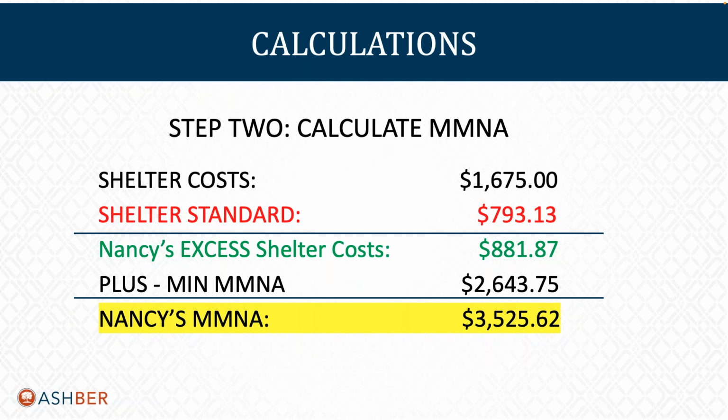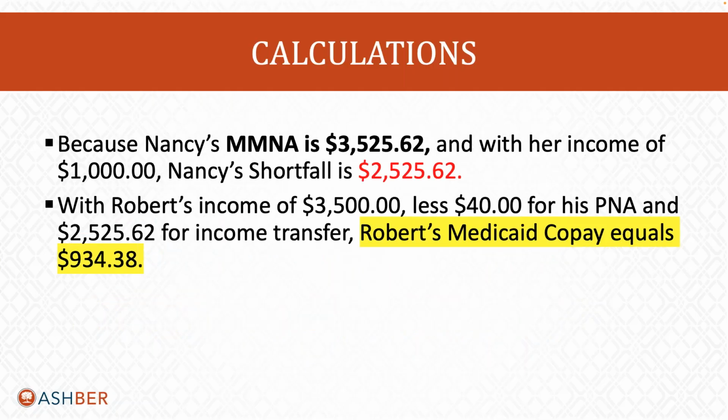So we add that excess to the minimum monthly maintenance needs allowance, and we get Nancy's MMNA for this case, $3,525.62. That number falls within the range of our minimum and maximum because it's less than the $3,948, but it's greater than the $2,643.75.